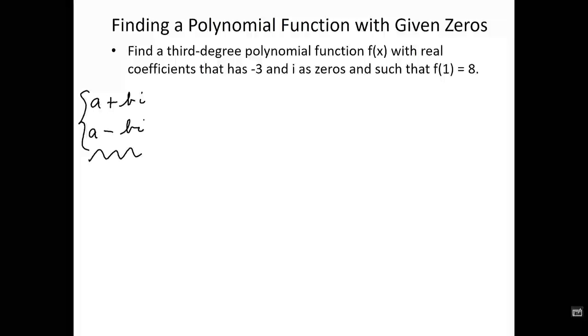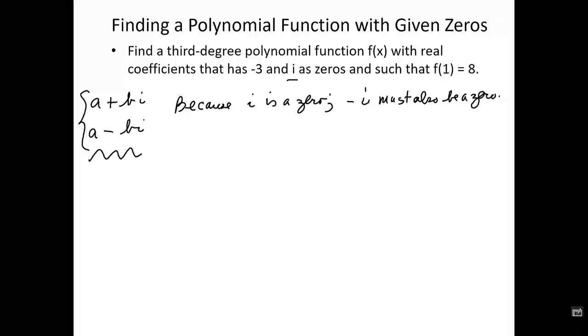The given zeros in our problem are negative 3 and i. Now, because i is a zero, from the property, we also know that minus i must also be a zero.